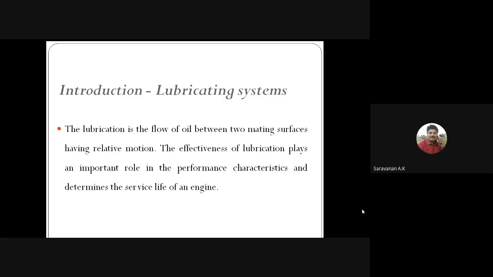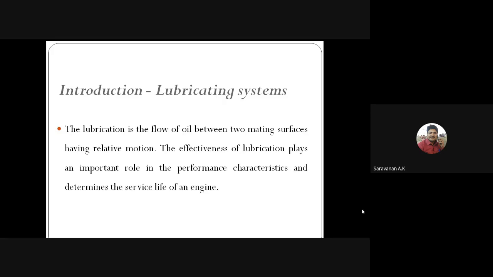Why? Because all the machine elements are in moving conditions, so there is relative motion between the elements. They have mating surfaces, so they rub against each other.